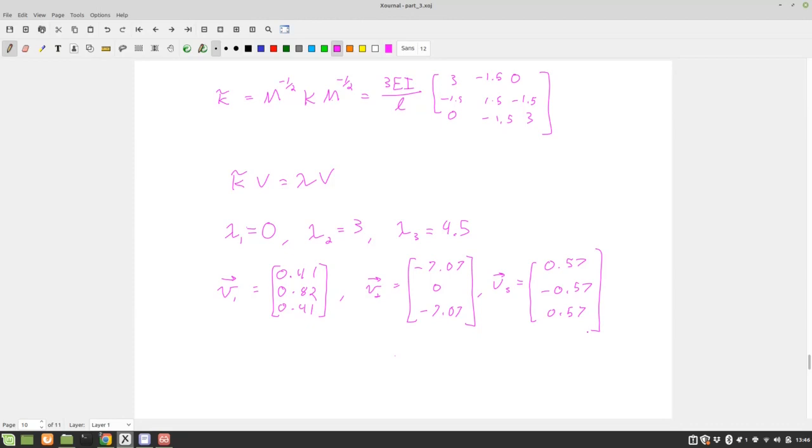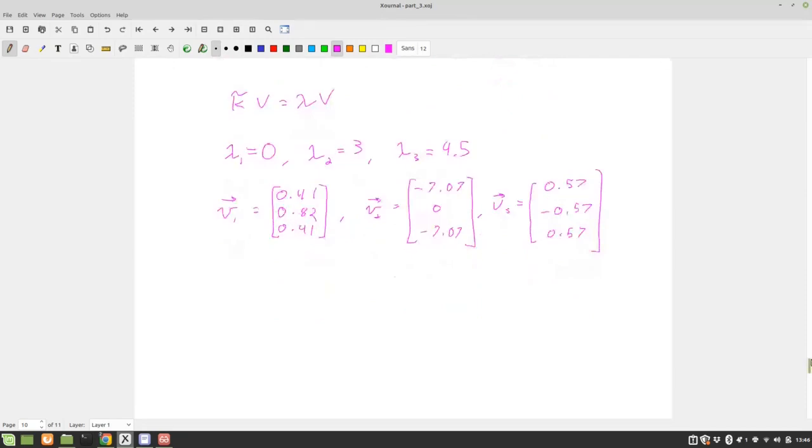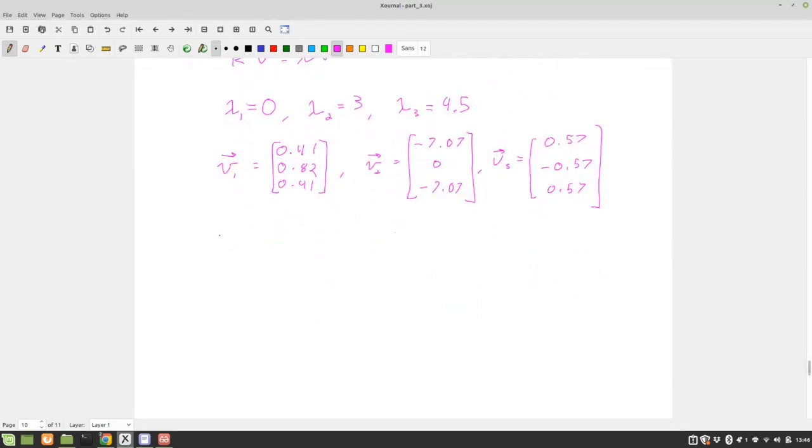Okay. Our first eigenvalue is 0. What does that mean? Or maybe we should just solve for our lambda 1 before we talk too much, right? Omega 1 is equal to the square root of lambda 1, which is equal to 0 radians per second.